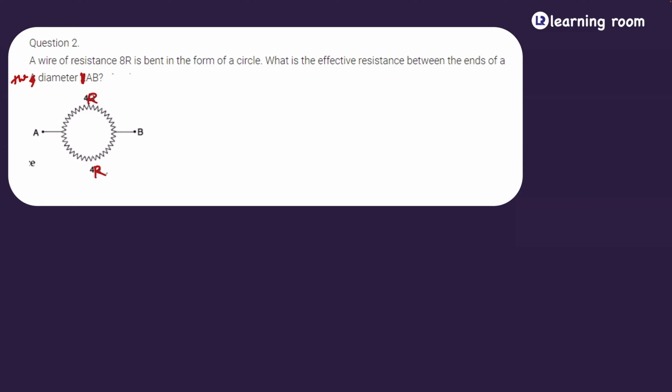See, listen. Wire of resistance 8R. Okay. It is bent in the form of a circle. And between the ends of the diameter, there is a battery that is connected. So listen to this clearly. Whenever they ask what is the equivalent resistance, the first point they need to mention is between which points.